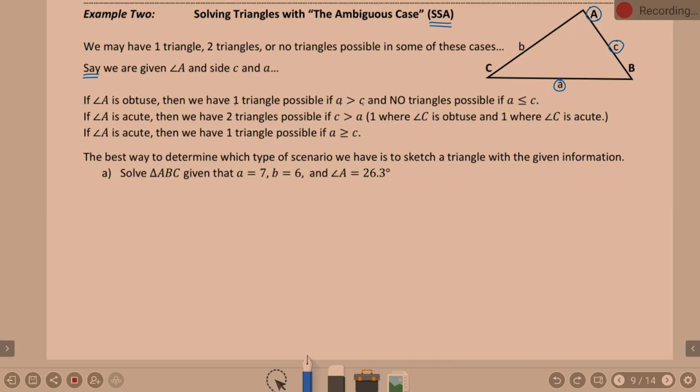So in example A here, it asks us to solve triangle ABC, given that side A has a length of 7, side B has a length of 6, and angle A is 26.3 degrees. Now, realize, is it always going to be triangle ABC? I'll be honest, we're going to see that a lot, but does it have to be triangle ABC?